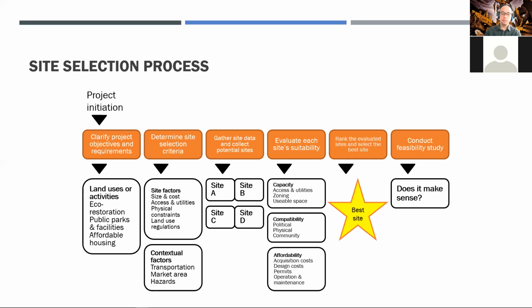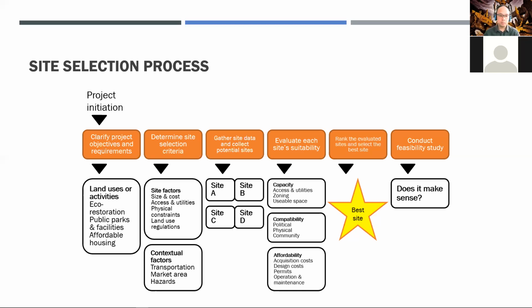Step 5. Rank the alternative sites and select the best one. Site suitability ratings can be summarized in a matrix checkbox style as either numerical or graphical values. So a site evaluation matrix usually lists potential sites and each site selection criterion.